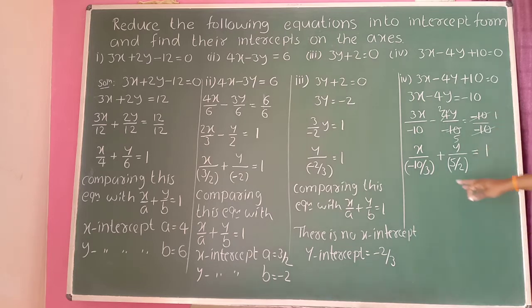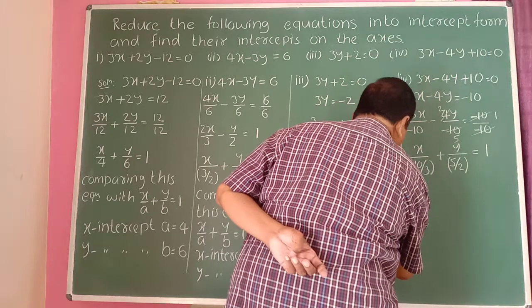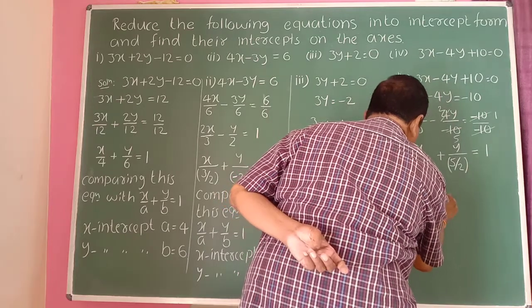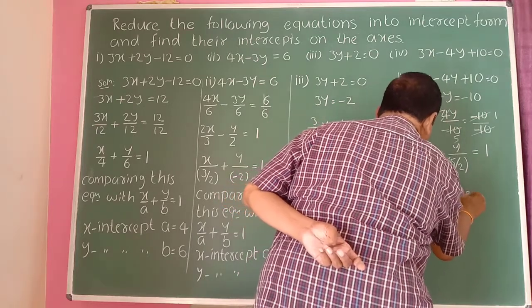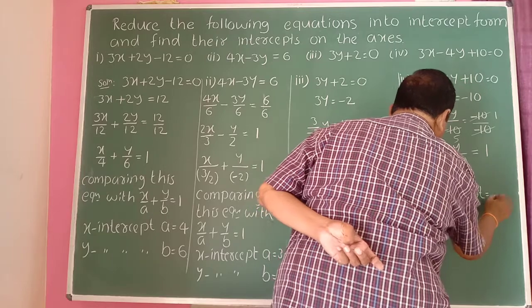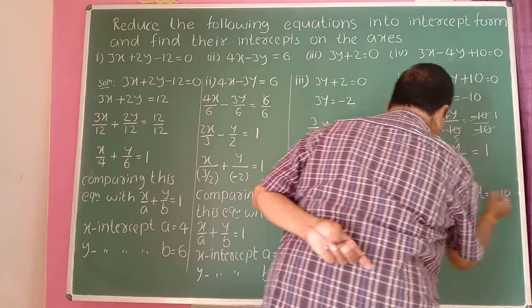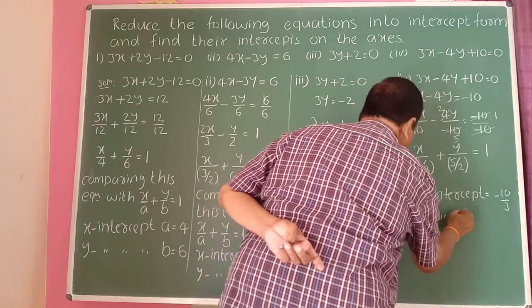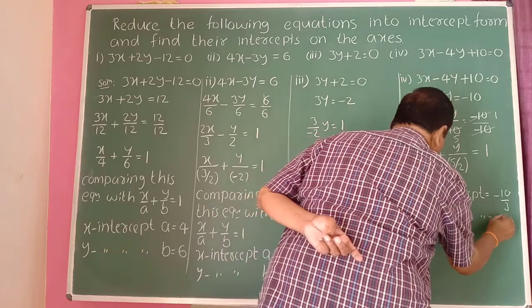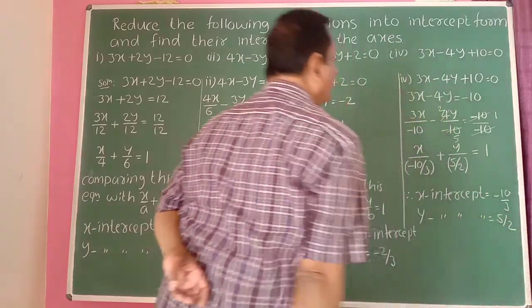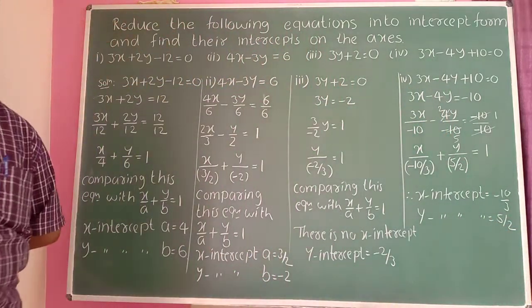Therefore x-intercept is minus 10 by 3 and y-intercept is 5 by 2. This is the answer.